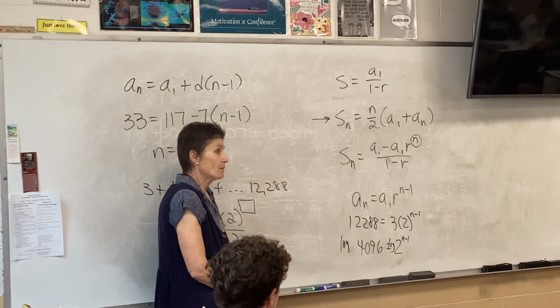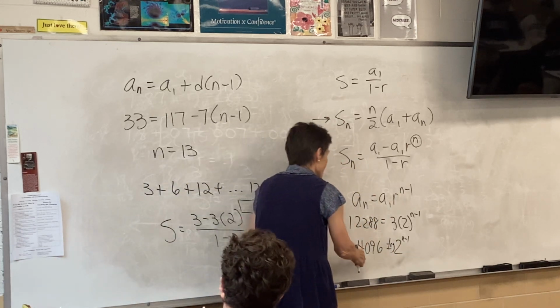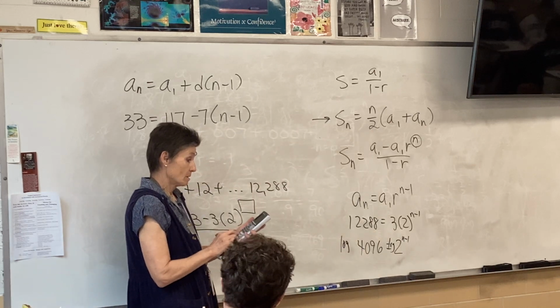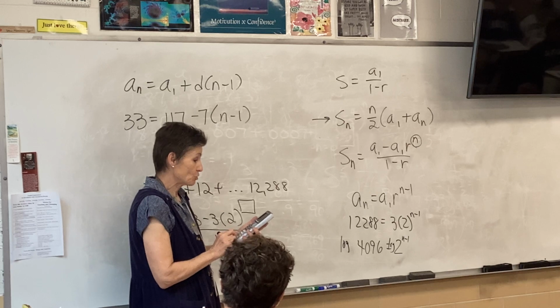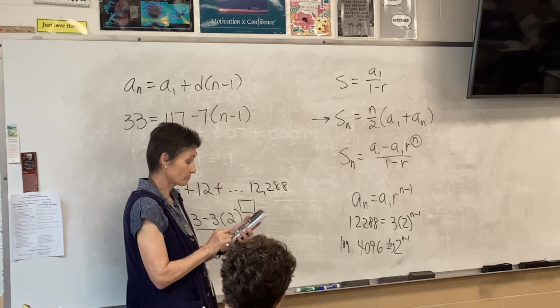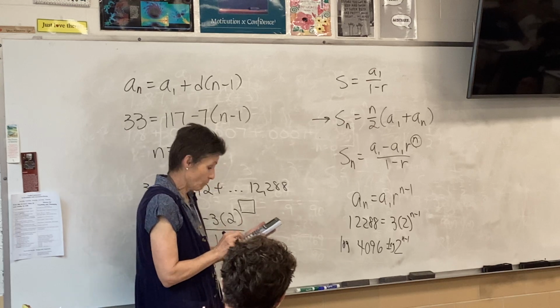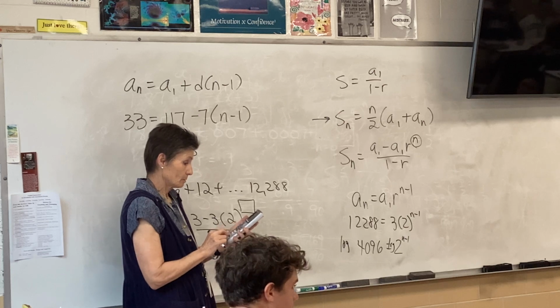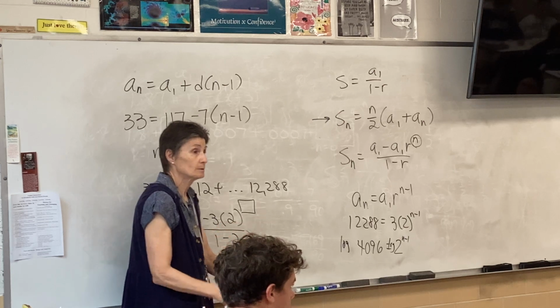But you can also just say, okay, 2 to the, no, that's too big. 2 to what power would give me 4096? 2 to the 12th?